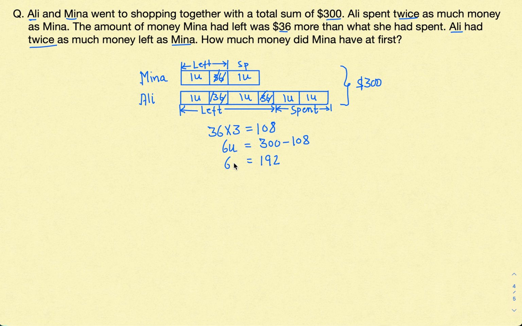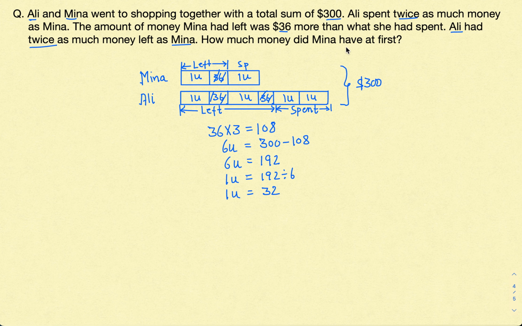So 6 units is 192. That means 1 unit is equal to 192 divided by 6, which gives us 32. So 1 unit is 32.